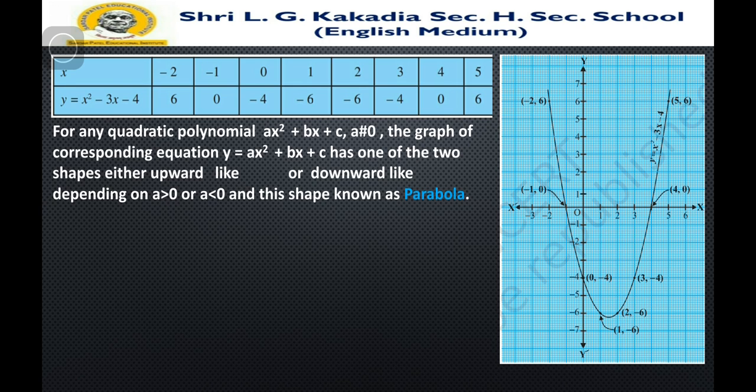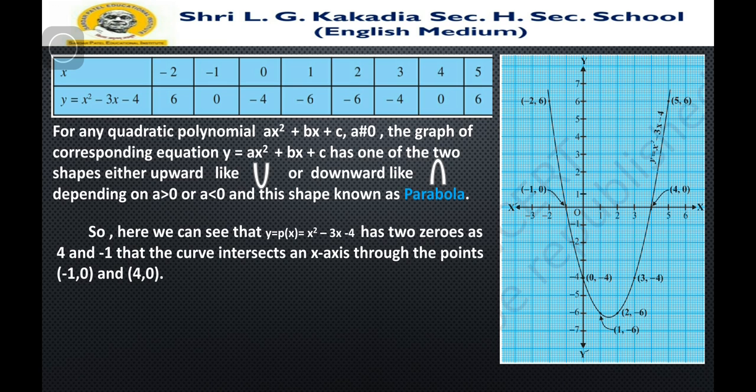Whenever we draw the graph of a quadratic polynomial, we get either an upward shape like a U, or a downward shape, depending on whether a is greater than 0 or a is less than 0. This type of graph is known as a parabola, upward parabola or downward parabola.